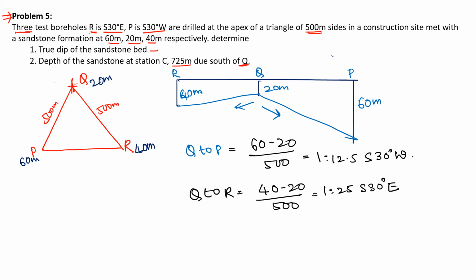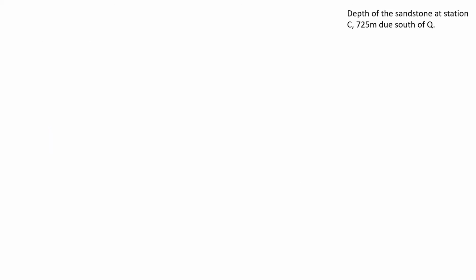So P to Q is 1:12.5 south 30 degrees west, and Q to R is 1:25. This is the given data. Now we will plot the diagram.